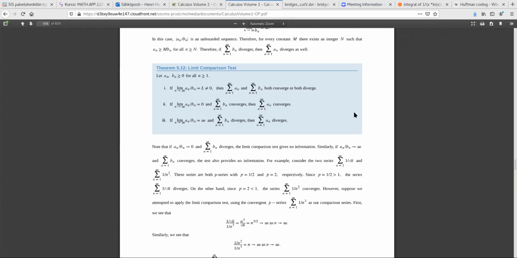And please note that in the cases of 2 and 3, if in case 2, B does diverge, then it gives no information about A, and in case 3, if B converges, then it gives no information about the convergence of A. So these are one-sided comparisons, these 2 and 3.